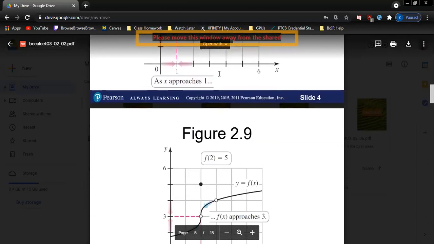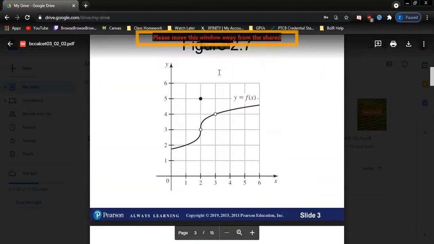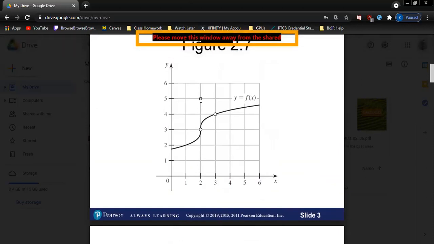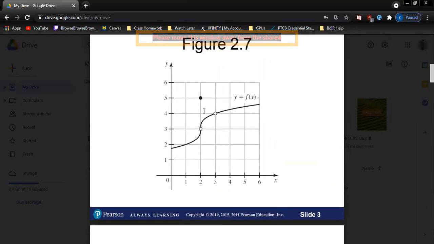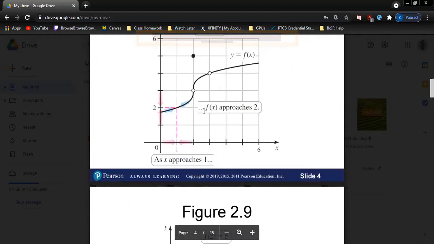Like I said in the previous slide, for x equals 2, our functional value is 5. The same way, we went straight up to this point at 2, and then we went to our left to see where it actually approaches. So we say it's approaching 5.